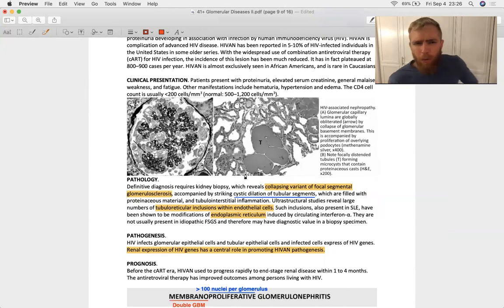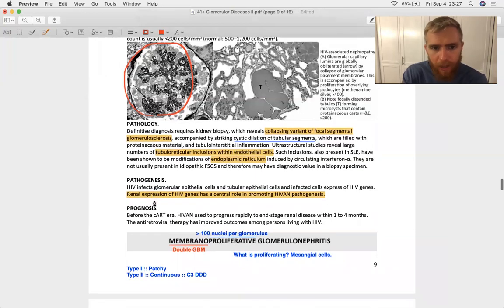Why would they get swollen with protein? Because you don't have a basement membrane. You don't have a basement membrane at all, so all that protein goes straight into the tubule. It clumps, it aggregates. Proteinaceous casts. Should make a lot of sense. Characteristic of HIV/AIDS infection. If you get an HIV patient and they got a kidney disease, it's probably this, straight up.